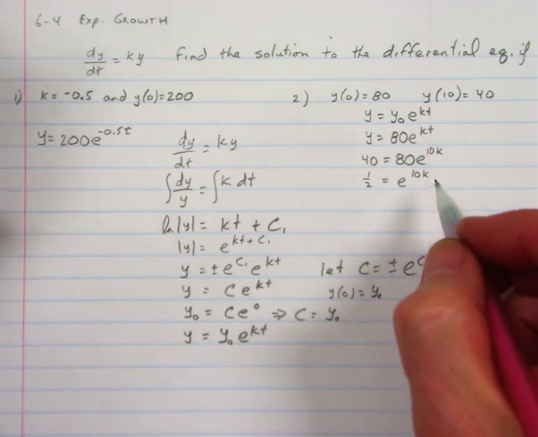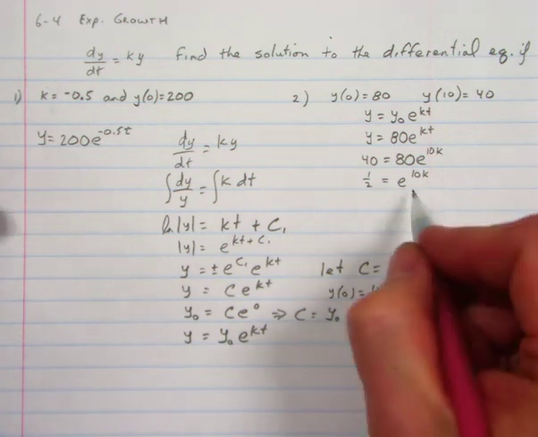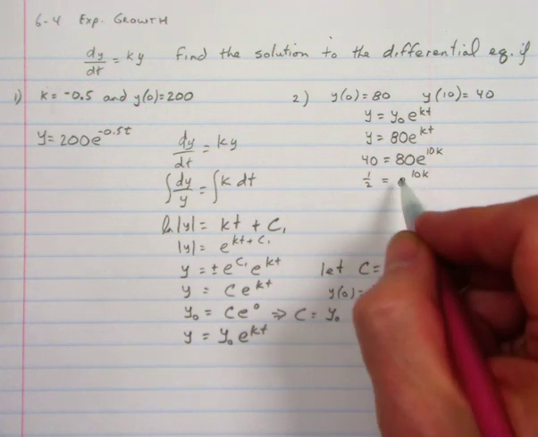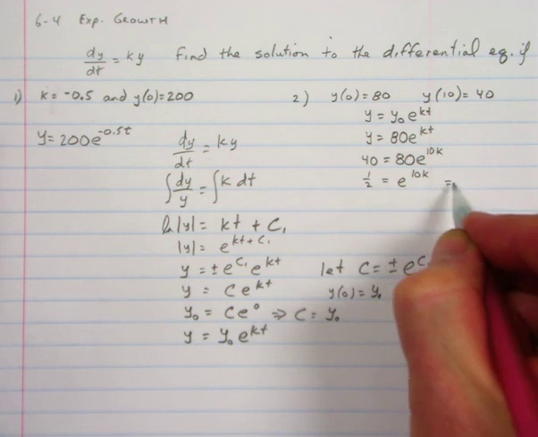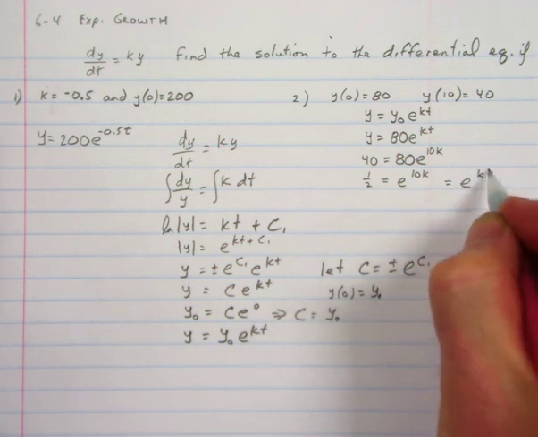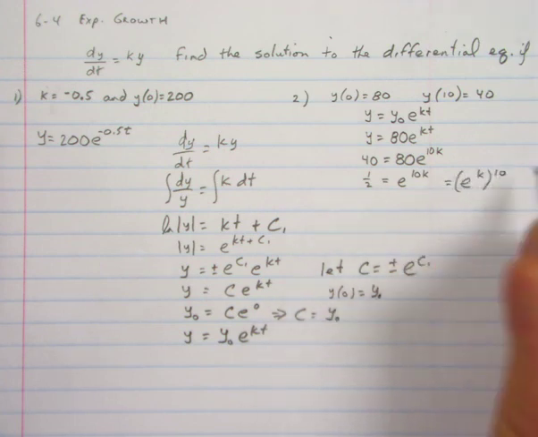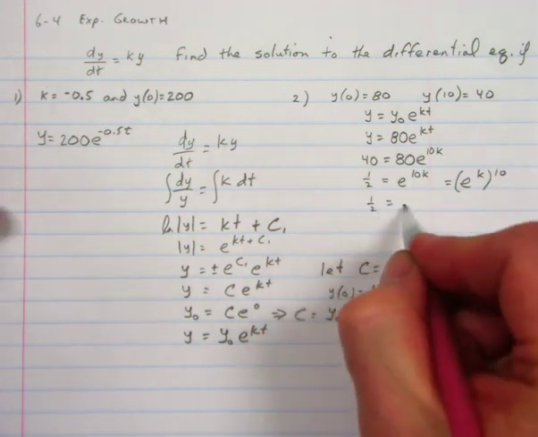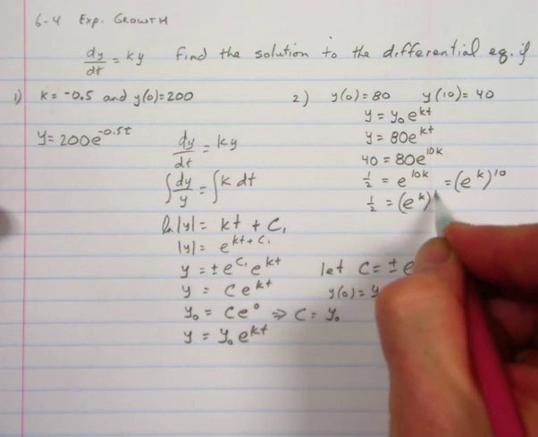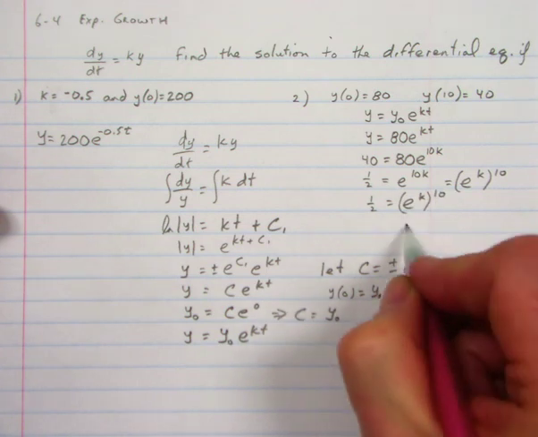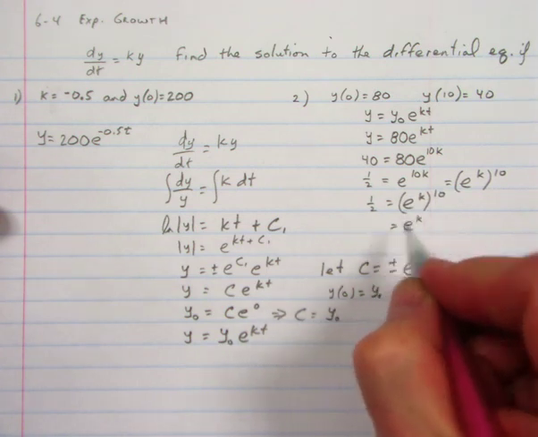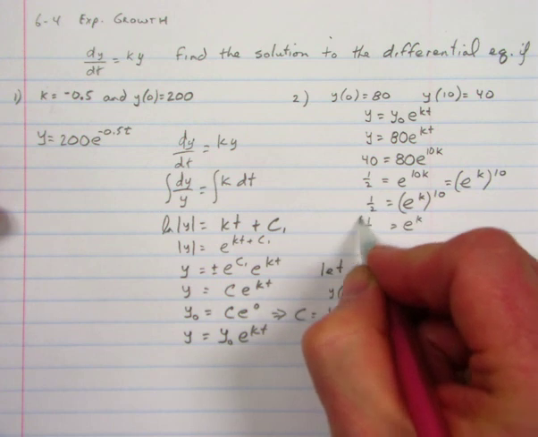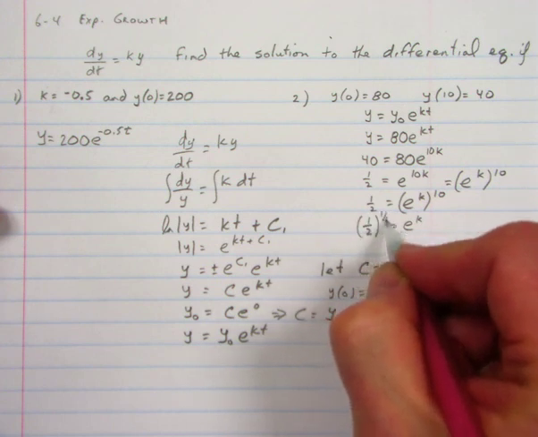But there's another way. What are we trying to find? We're trying to find this equation here. What if, instead of looking at e to the 10k, we did it as e to the k to the 10? So in other words, we have 1/2 equals e to the k to the 10. How can we solve for e to the k? We could raise both sides to the power of 1 over 10.